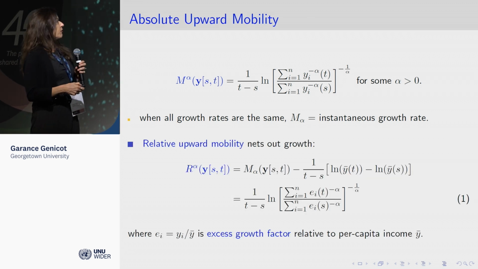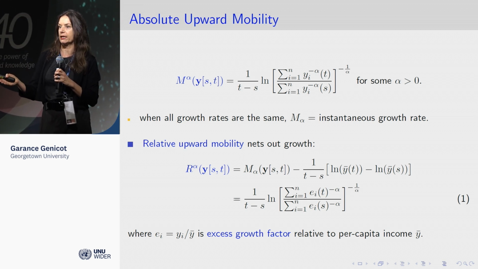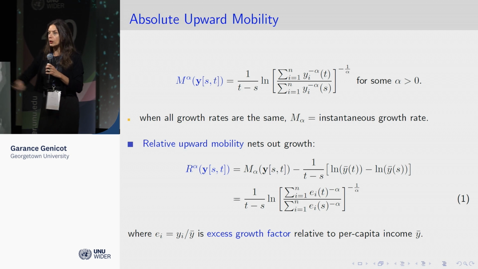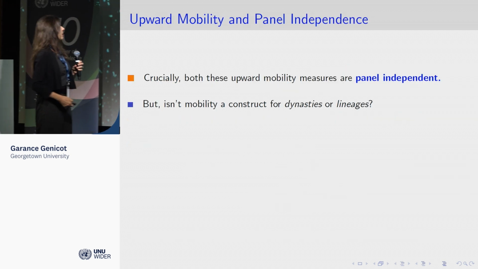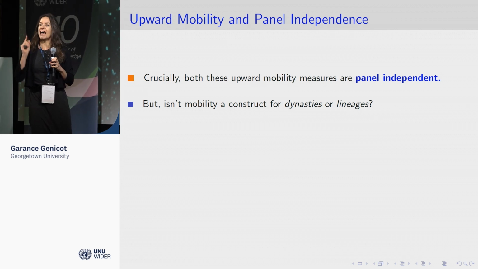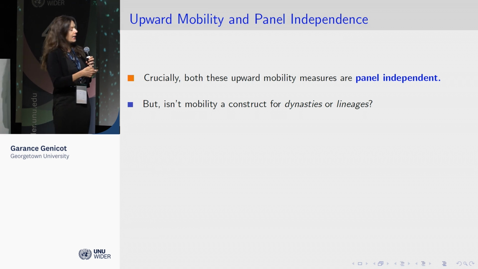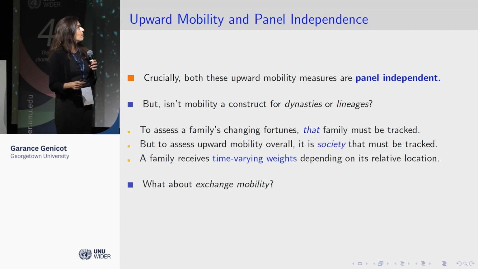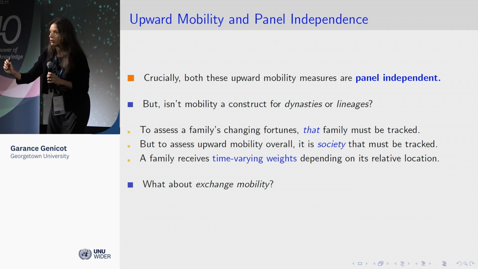Okay, so from this, I can also subtract the average growth rate in the economy and get purely the relative component, the redistributive component of the growth. Crucially, those measures are panel independent and they're path independent, okay? I'm going to argue that yes, to measure mobility of a particular dynasty, you need to follow that dynasty.